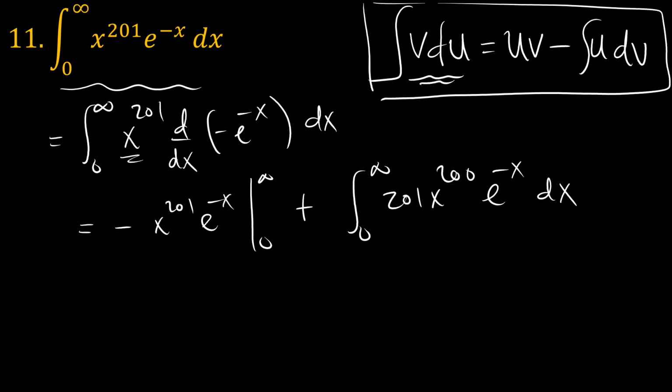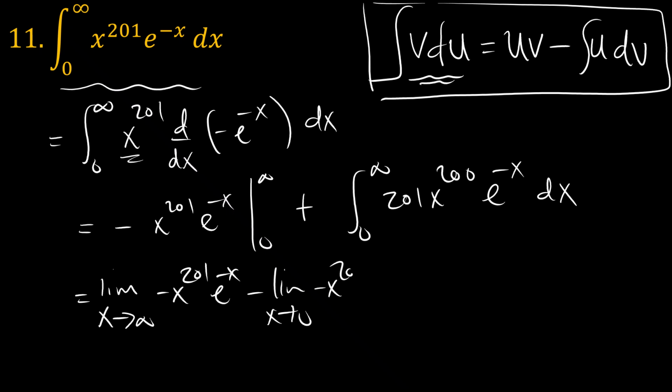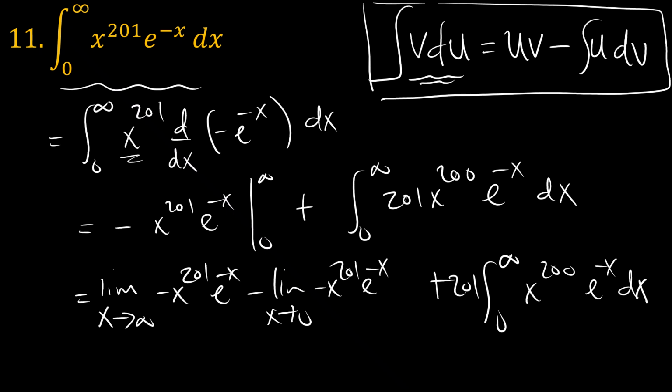So as we can see here, the limit as x tends to infinity of negative x to the 201 e to the negative x, minus the limit as x tends to 0 of negative x to the 201 e to the negative x.